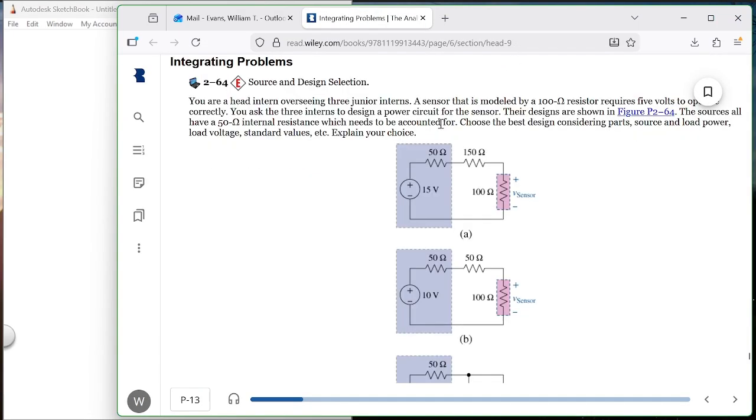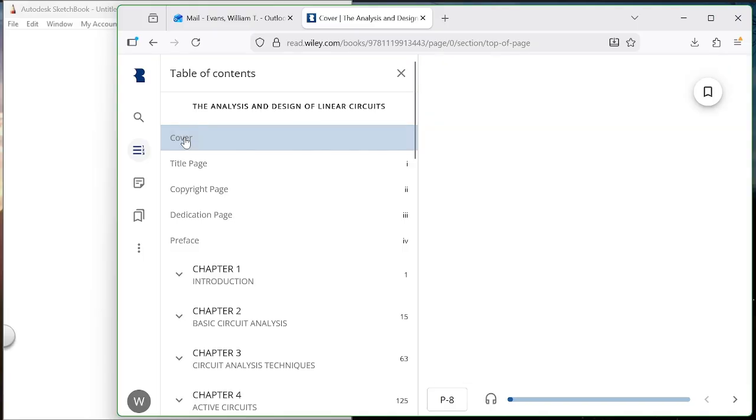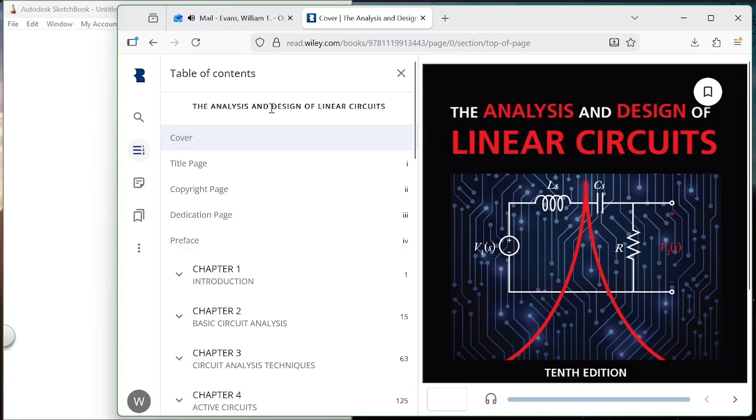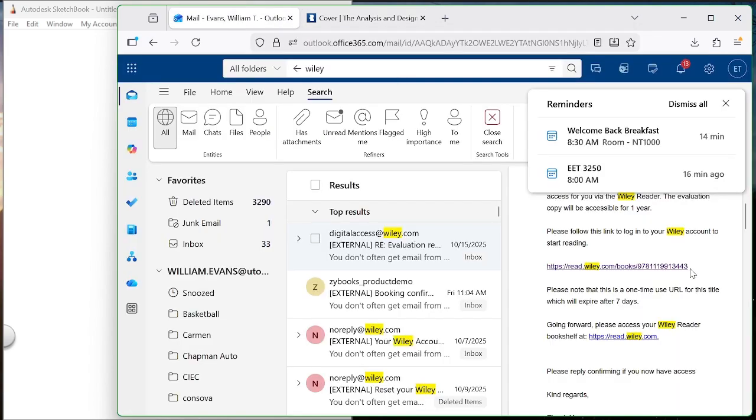So this is the book that we use, and that's the cover of it. So I'm going to go back just a second and get this cover.